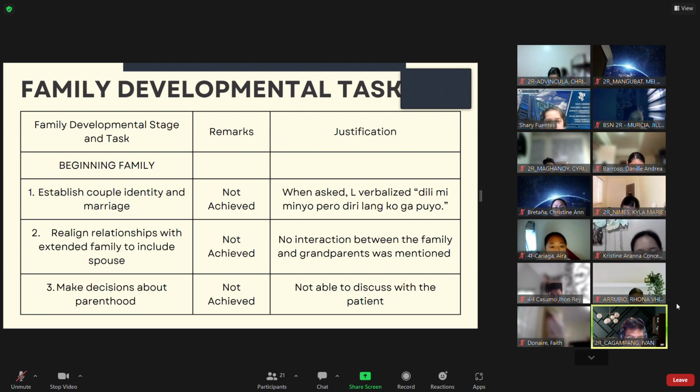So, realign relationship with extended family to include spouse, not achieved siya, ma'am. Wait lang, ma'am.